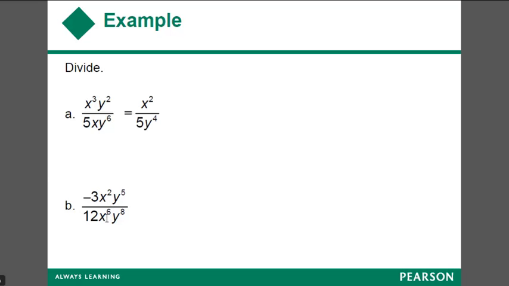It's actually in the denominator. So 6 minus 2 will be 4. So x to the 4th. And then my largest exponent for my y's is also in the denominator. So I'm going to do y to the 8 minus 5, which is y to the 3rd. I've canceled everything out in the numerator, and so I just have negative 1 divided by 4 x to the 4th y to the 3rd.